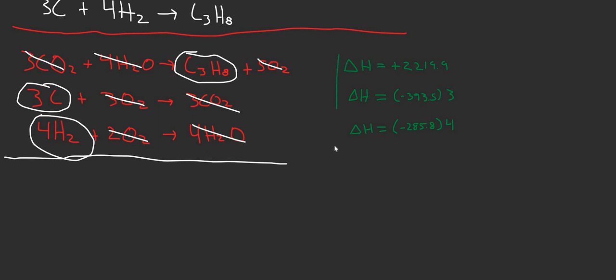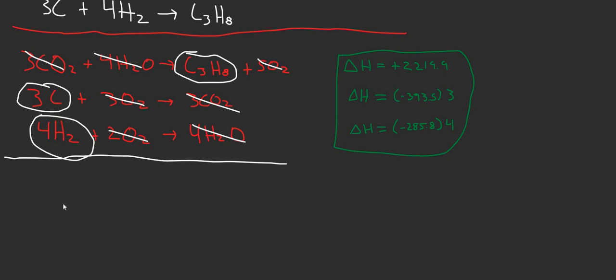So now all we have to do is add up these 3 numbers. We're actually going to apply Hess's law now. We're going to take the sum of our manipulated enthalpies of formation, and that will give us the delta H for this reaction up here.